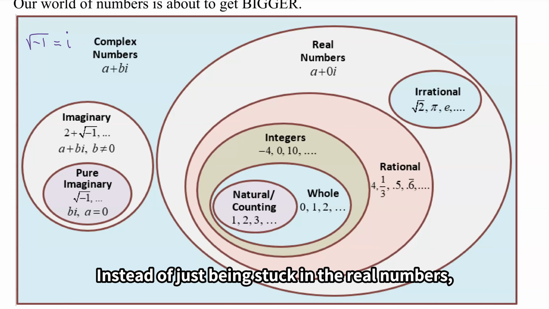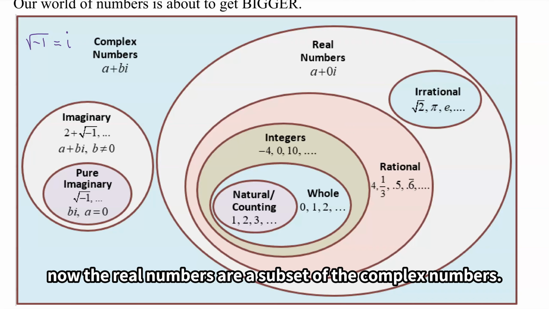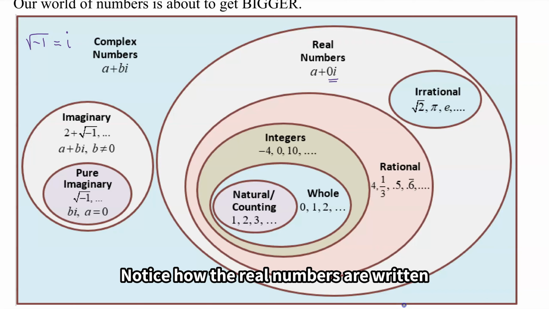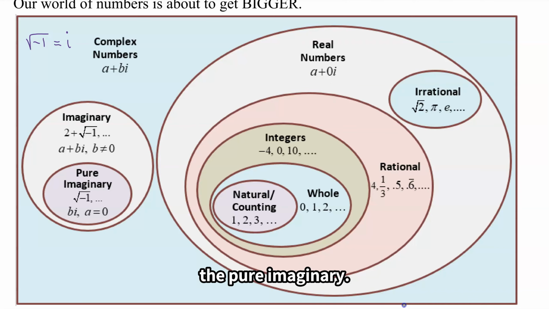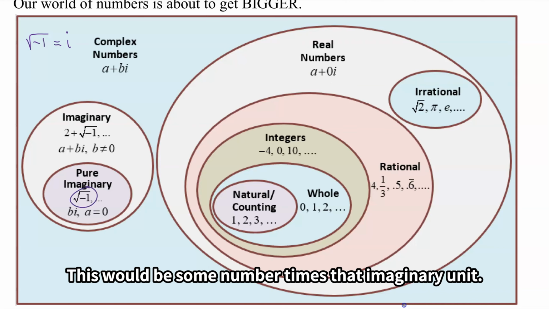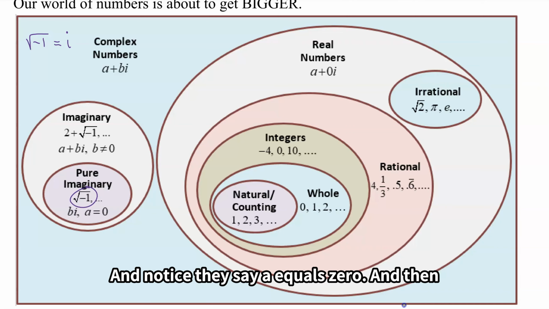Instead of just being stuck in the real numbers, now the real numbers are a subset of the complex numbers. Notice how the real numbers are written with 0 times i. We only have what we are aware of as the real numbers. We can see over here the pure imaginary. This would be some number times that imaginary unit. And notice they say a equals 0.